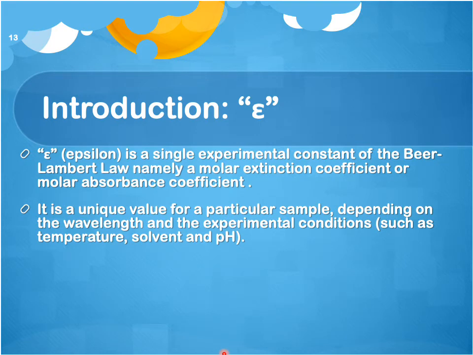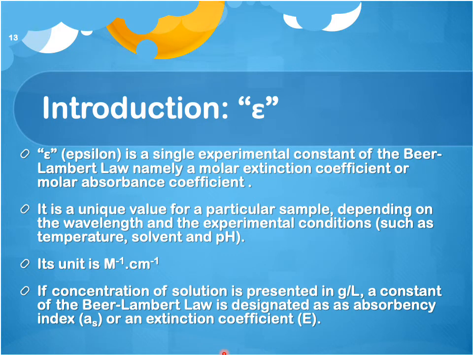It is a unique value for a particular sample depending on the wavelength and the experimental conditions, such as temperature, solvent, and pH. It has a unit of 1 over molar and centimeter.